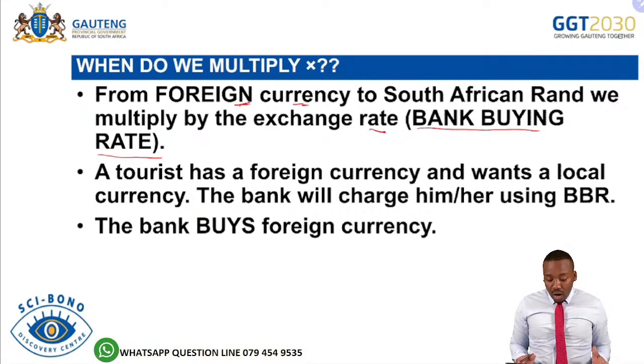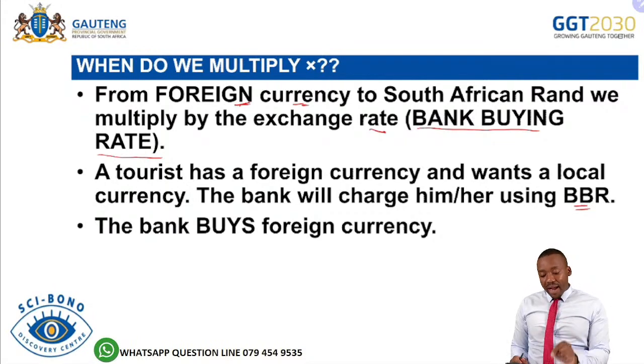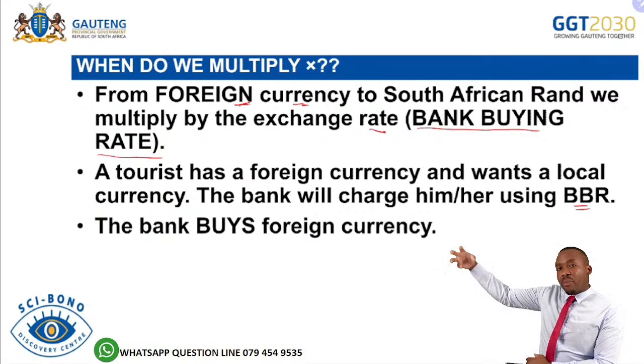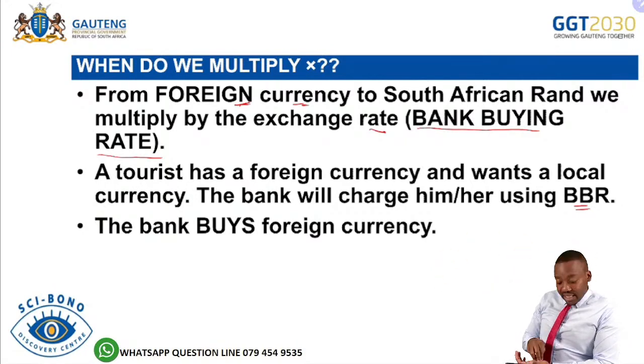So when do we multiply? We are saying a tourist has a foreign currency and wants a local currency. The bank will charge him or her using what? BBR. Why? Because the bank buys what? Foreign currency. So all those tourists coming from outside and coming to South Africa, what is it that they need? They need our local currency.